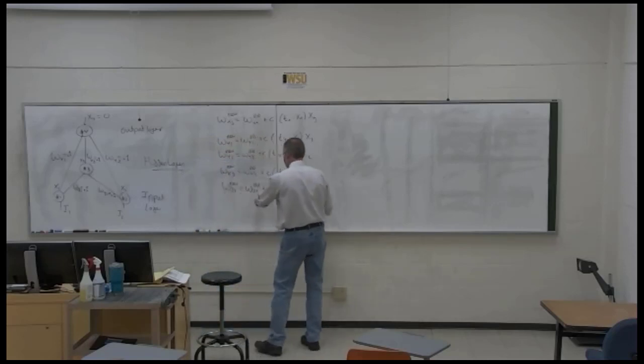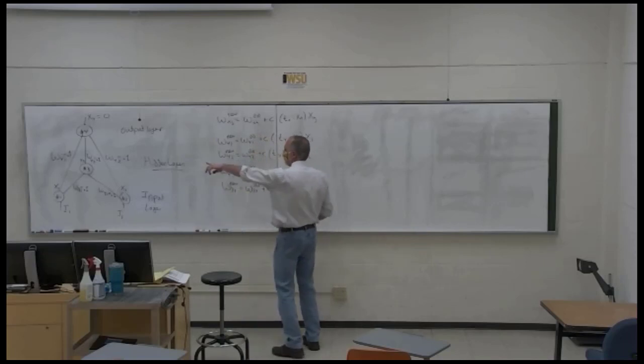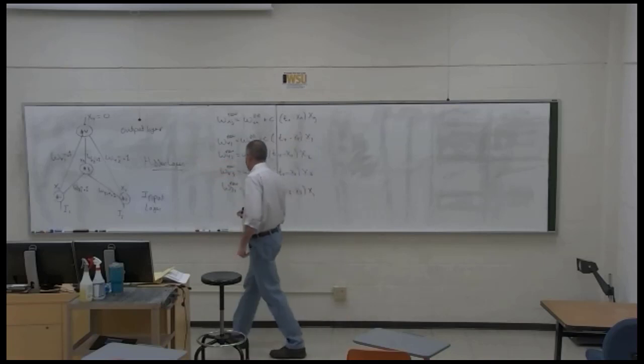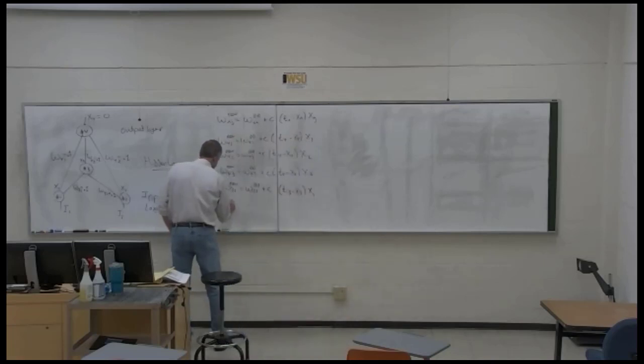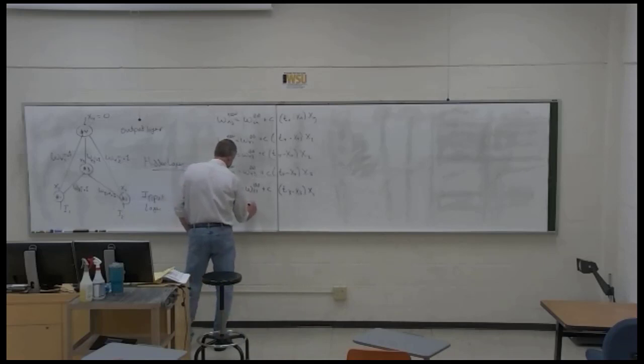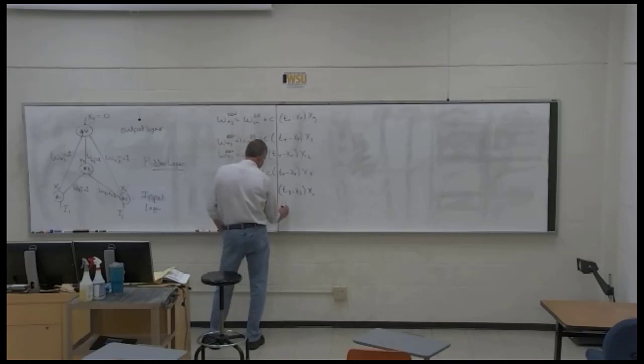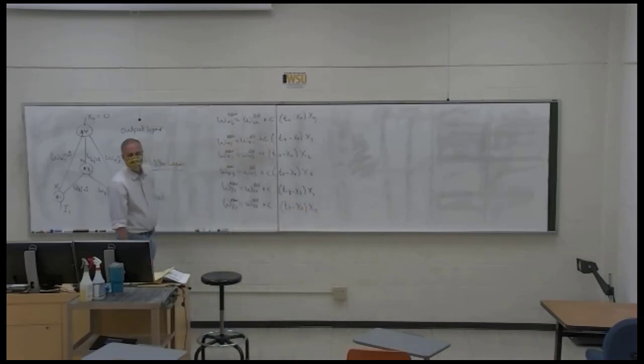X1 is the signal along the path from 1 to 3. The target and the output are for neuron 3. So there are our formulas.